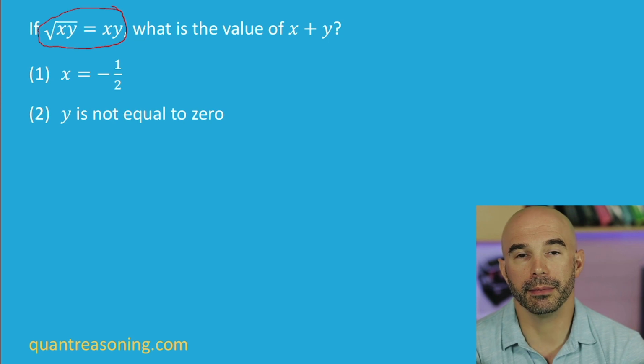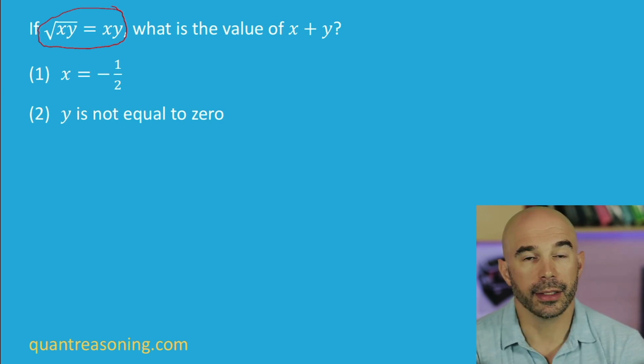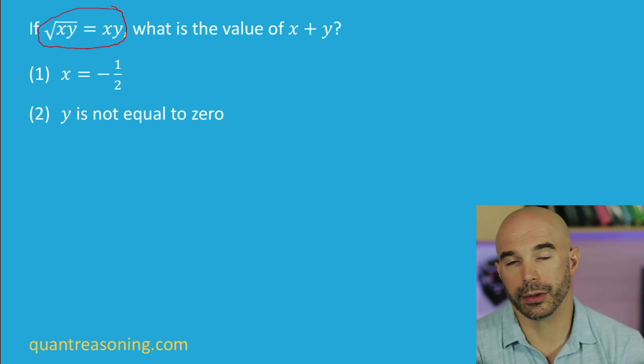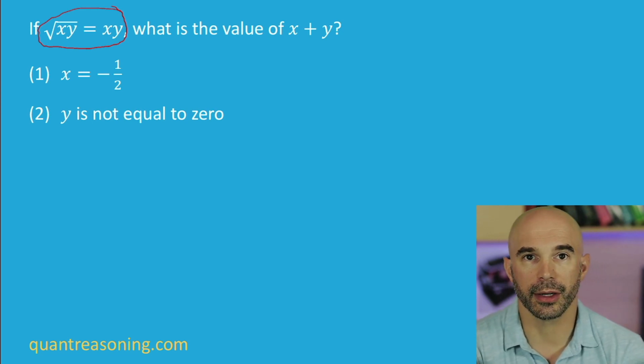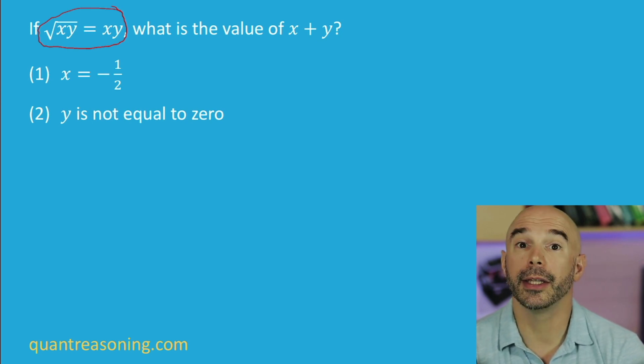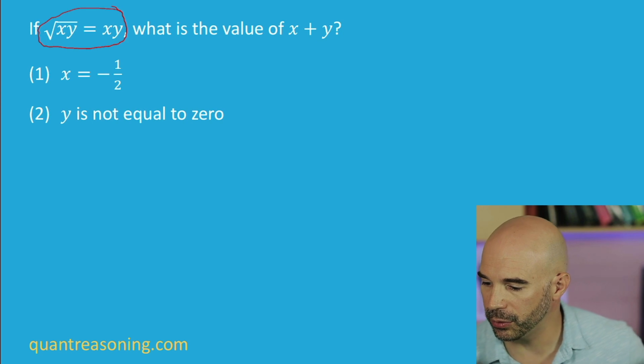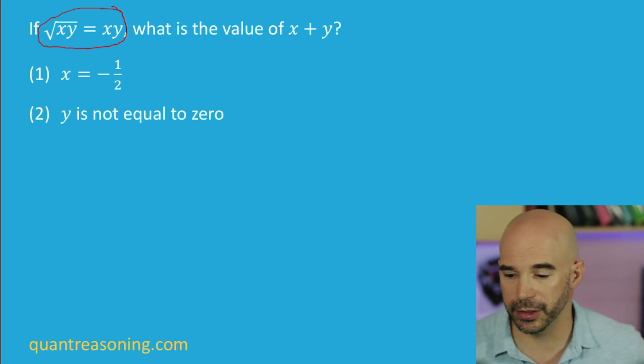Some number, some place on the number line, some tick mark called xy, doesn't change when you square it, or doesn't change when you square root it, however way you want to think about it. The only points on the number line that stay the same when you square them are 0 and 1. So that's the big inference that we must make before we even read the question.